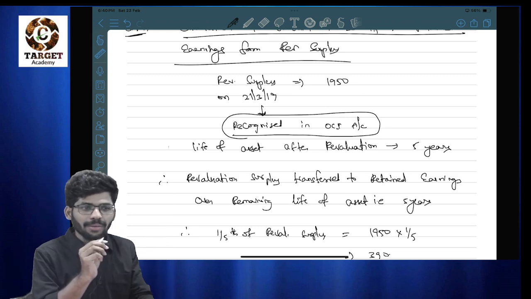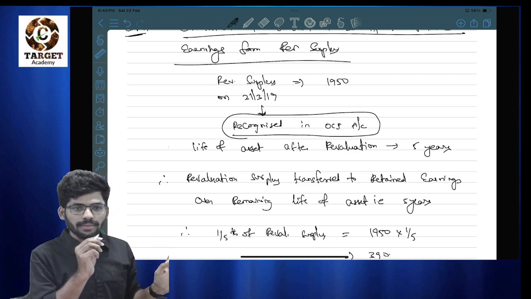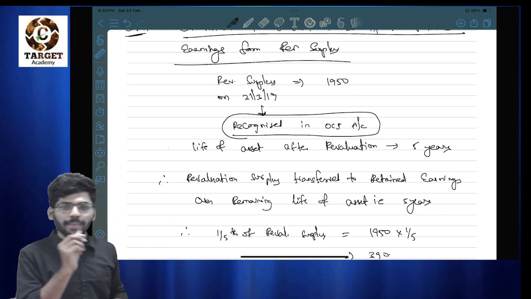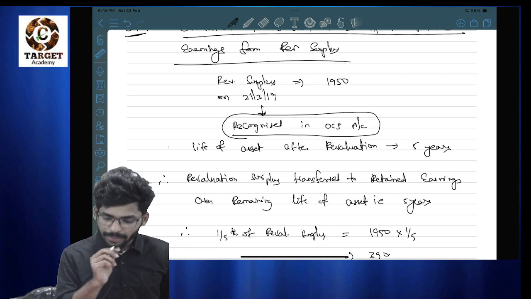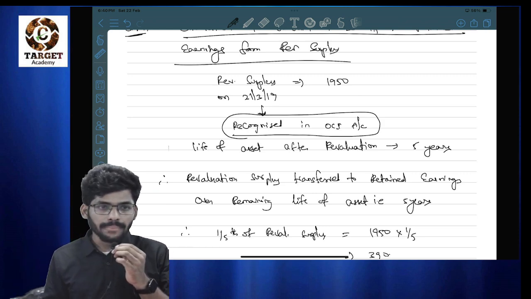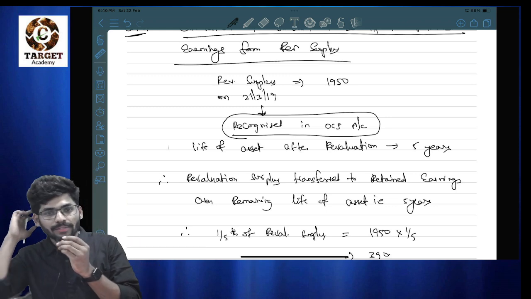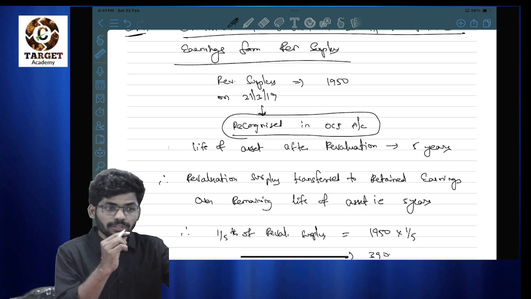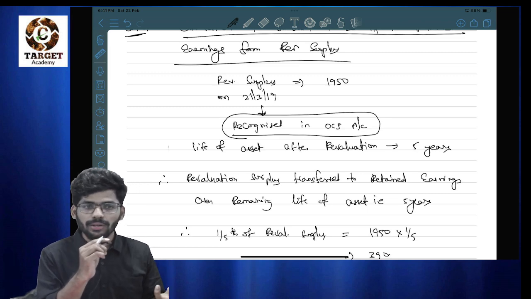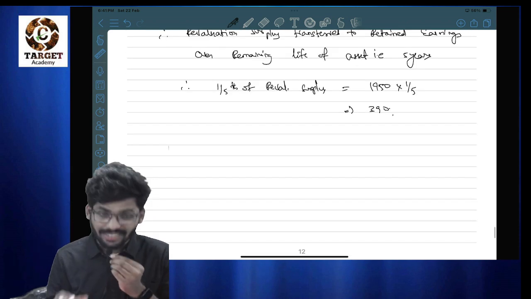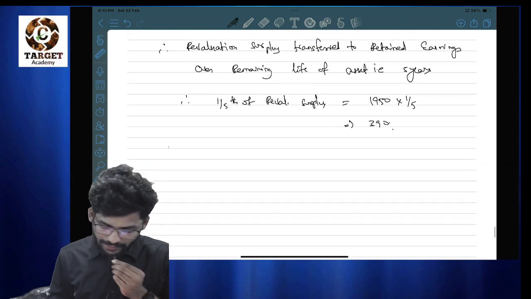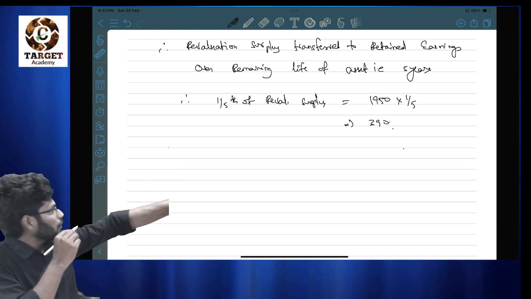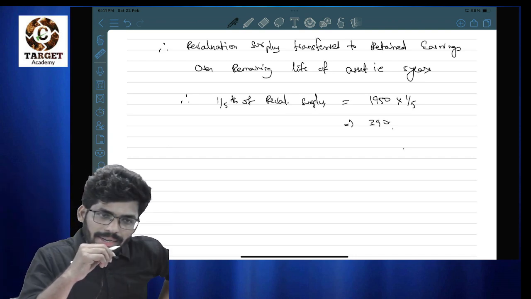Basically realized amount should be shown under the P&L statement. Unrealized amount should be shown under the OCI statement. That's it. Nothing but OCI account. Okay, so 1/5 of the amount should be transferred to retained earnings, which means transferred to P&L, because that should be realized. Correct or not? We already discussed the reason why we need to transfer to retained earnings. So 390 is the amount to be transferred to retained earnings.